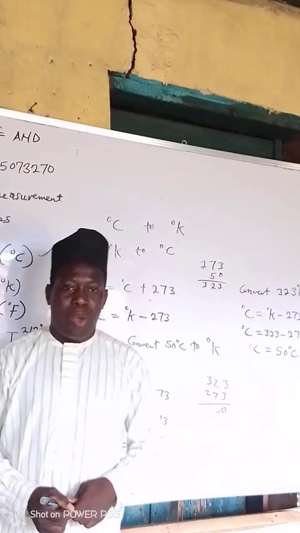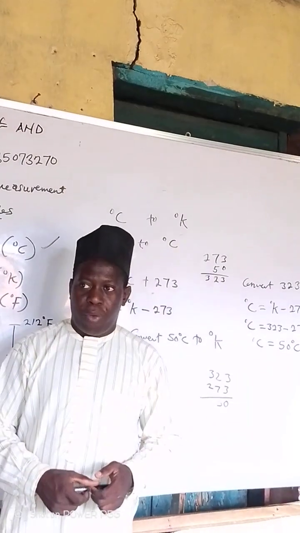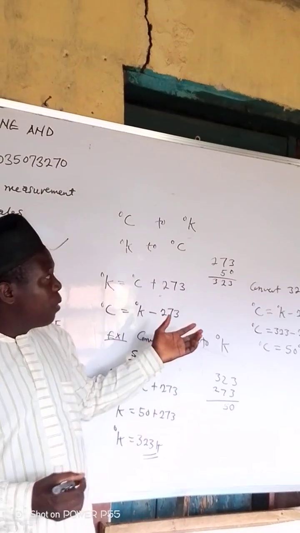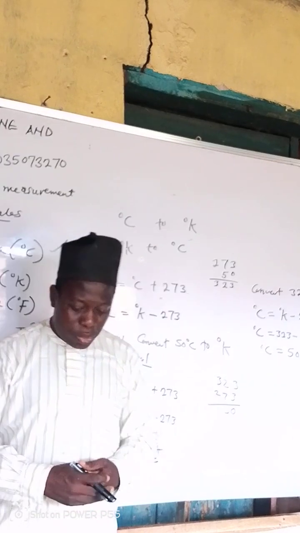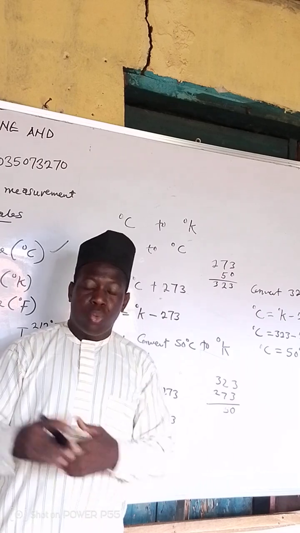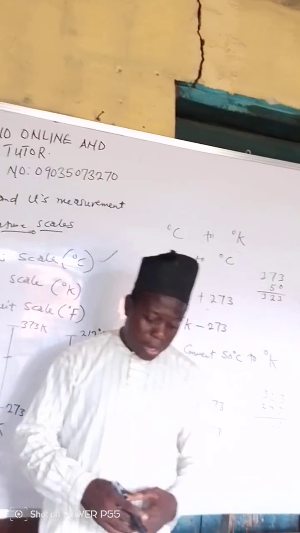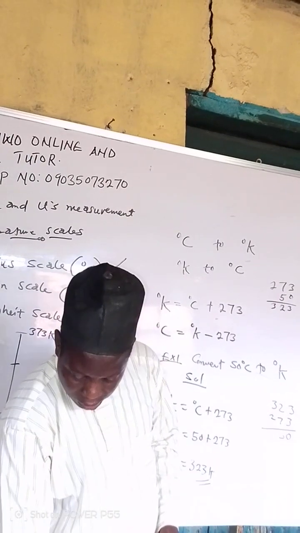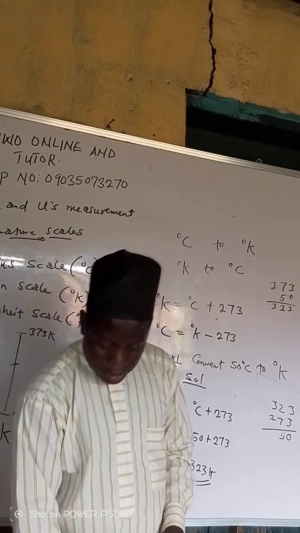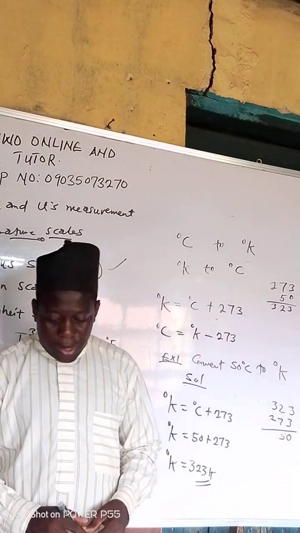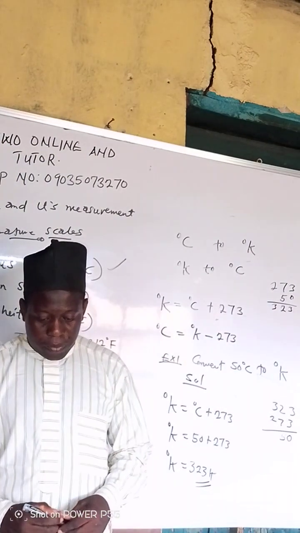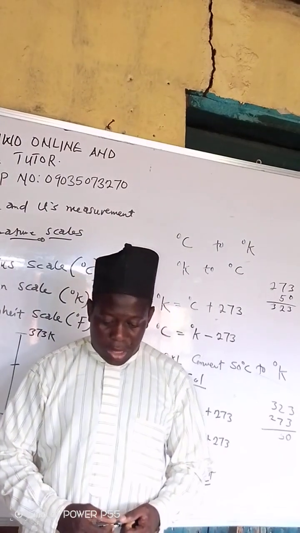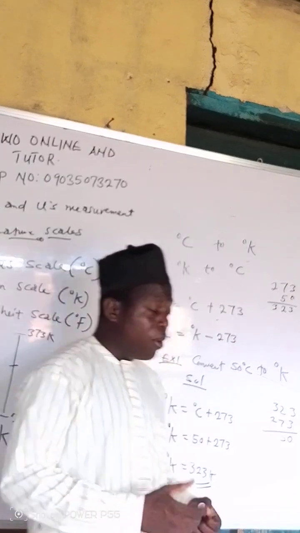Let's look at another question before we move on. Don't forget that in most cases you can be given a question and they will ask you to leave your answer in degree Celsius or Kelvin, and the question can talk about change. The temperature of a body increases from 30 degrees Celsius to 70 degrees Celsius. What is the temperature change of the body in Kelvin?